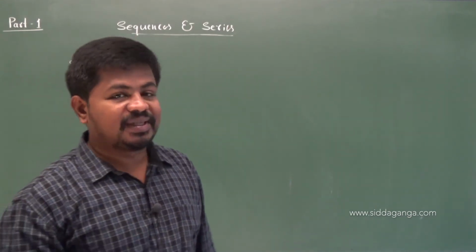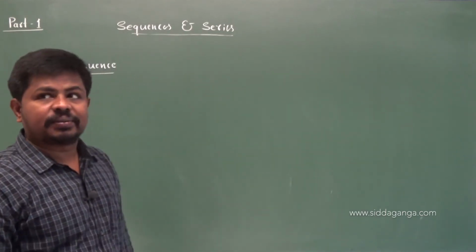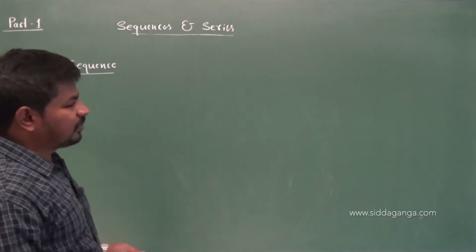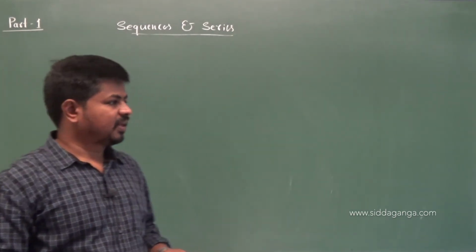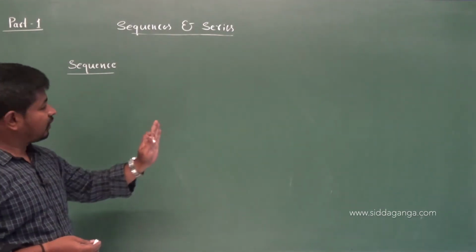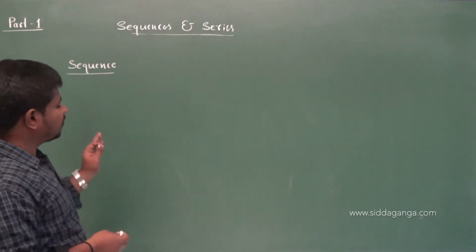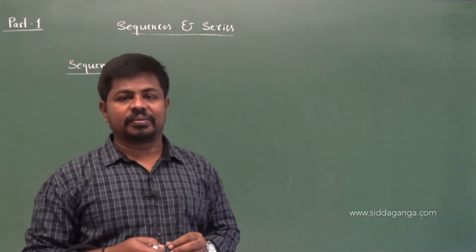So what do you mean by sequence? What do you call a sequence? A sequence is nothing but an ordered arrangement of numbers. In other words, if numbers are arranged according to some definite rule, or according to some specific order.